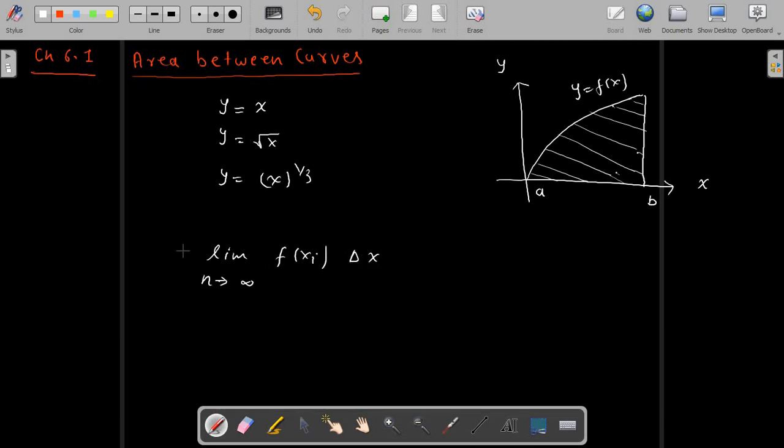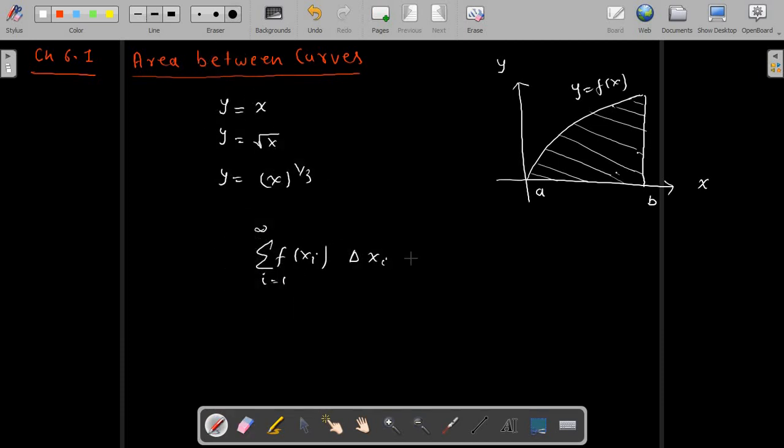This could be called a summation, from i equal to 1 to infinity. If we consider that every strip is very small and the distance between the strips is very small, then that becomes the integration.